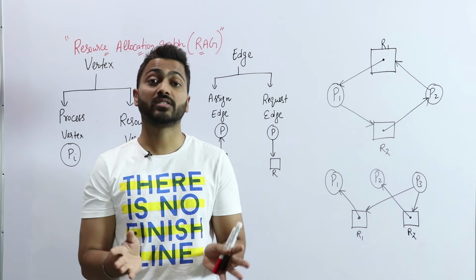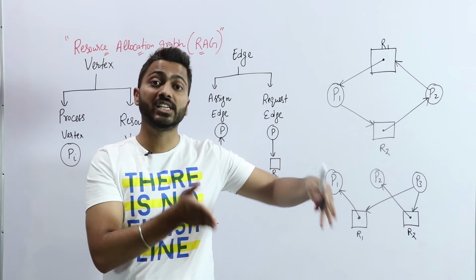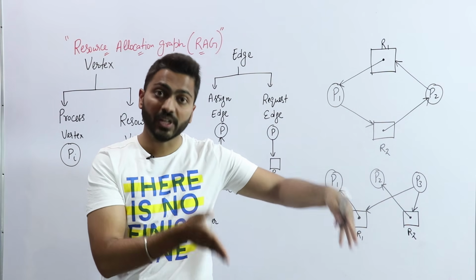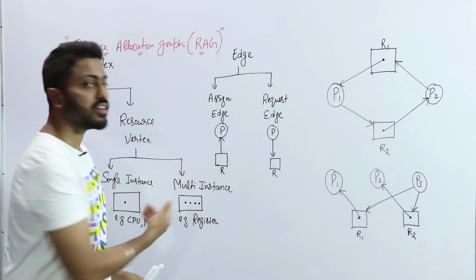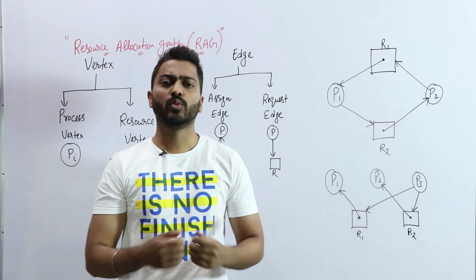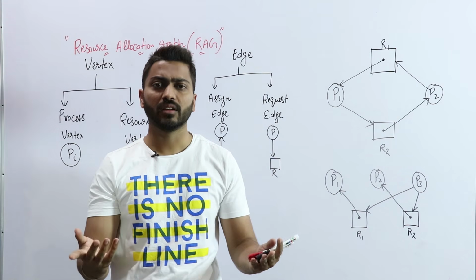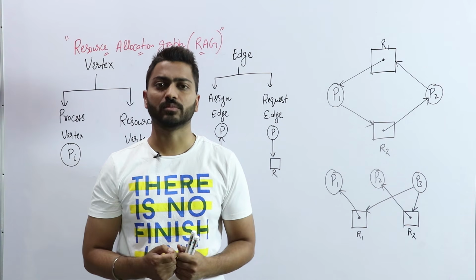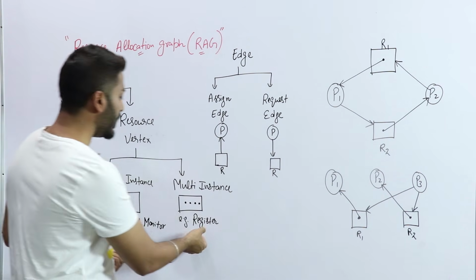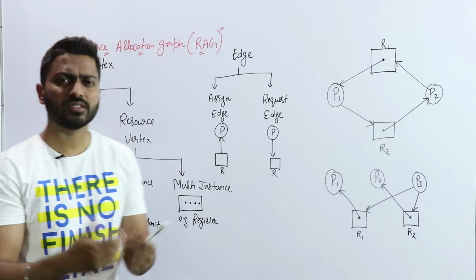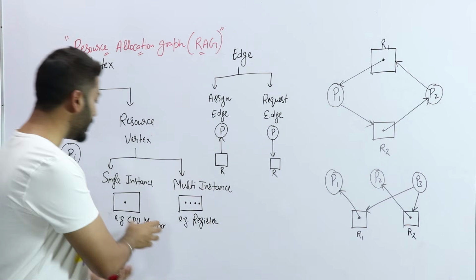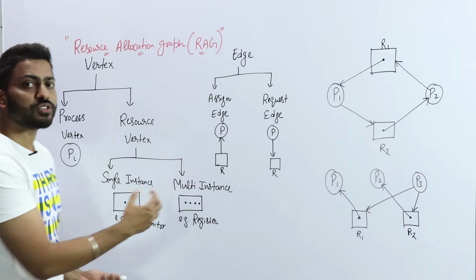But some of the resources are present in multiple numbers, like registers. And we can have more than one printer connected with our system, so that can be a multiple instance. You don't need to cram it, this is a normal thing: multiple and single instance resources.